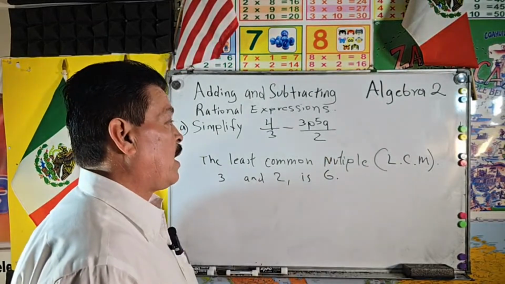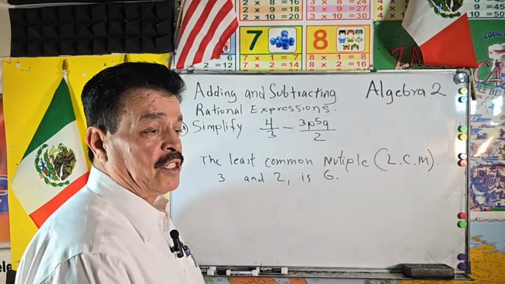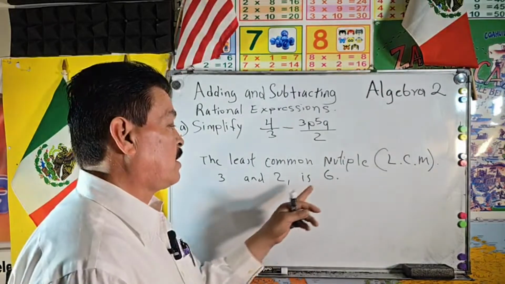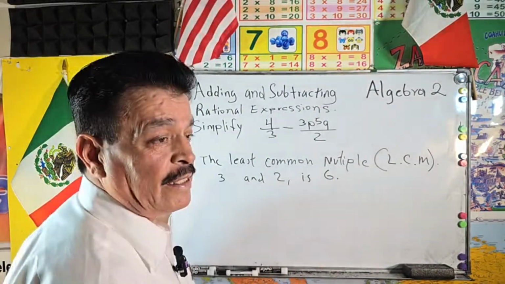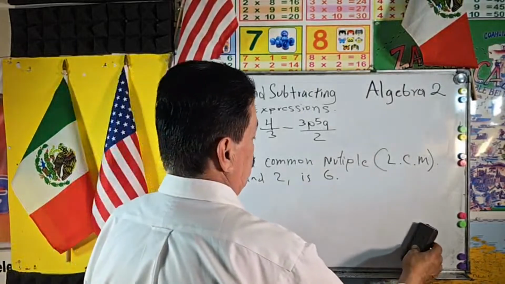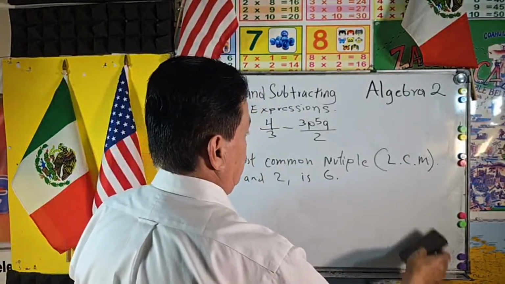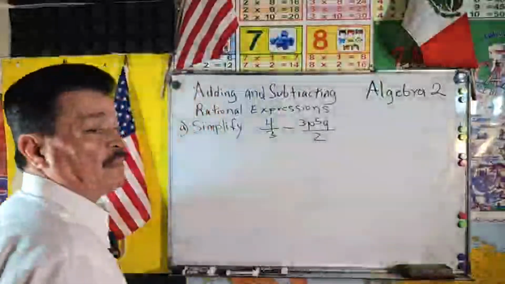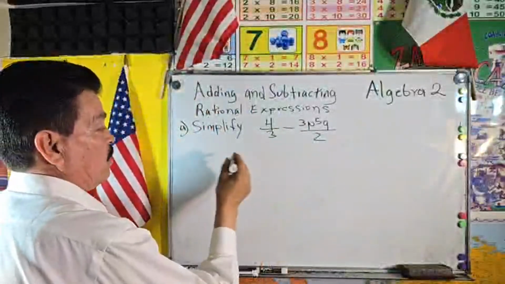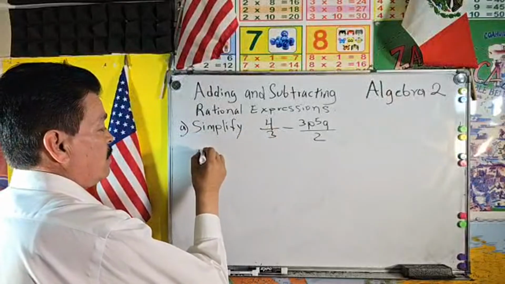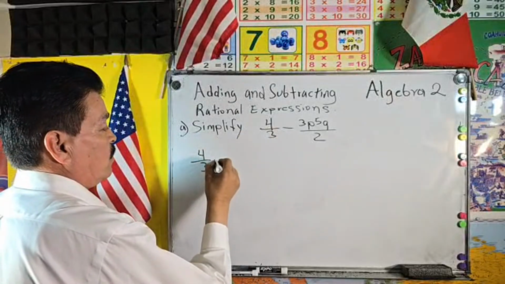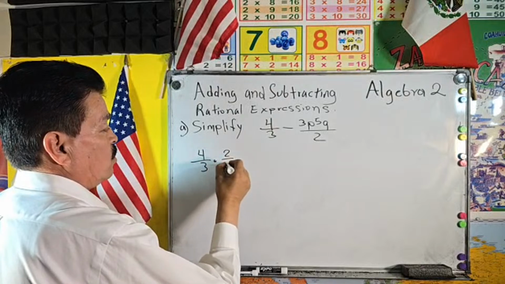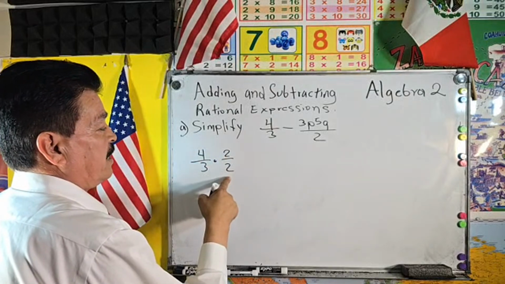So we have to rewrite each expression with the denominator 6. To do this, we multiply the expression by the same number. For instance, we have 4/3 times 2. 3 times 2 is 6.